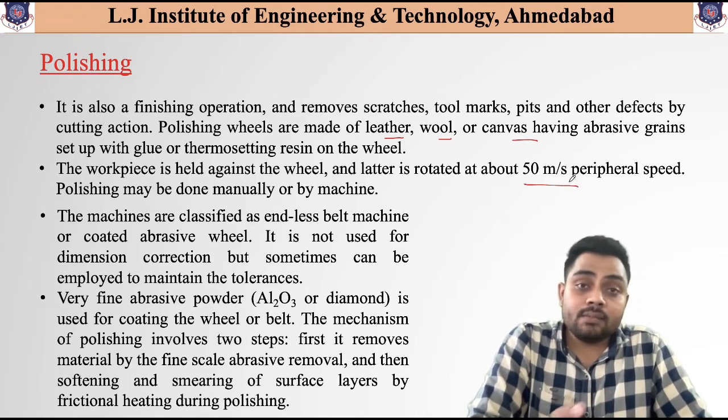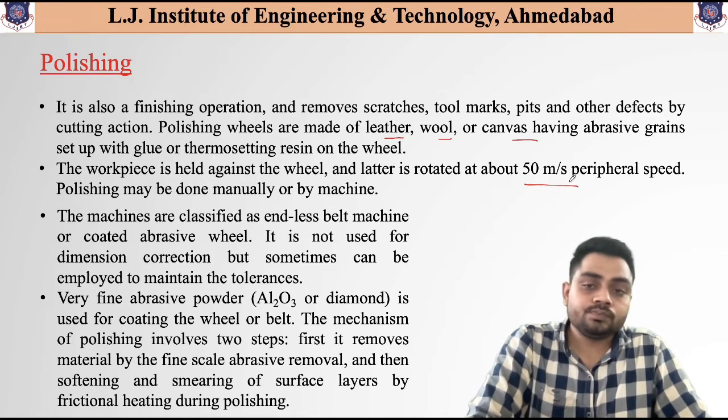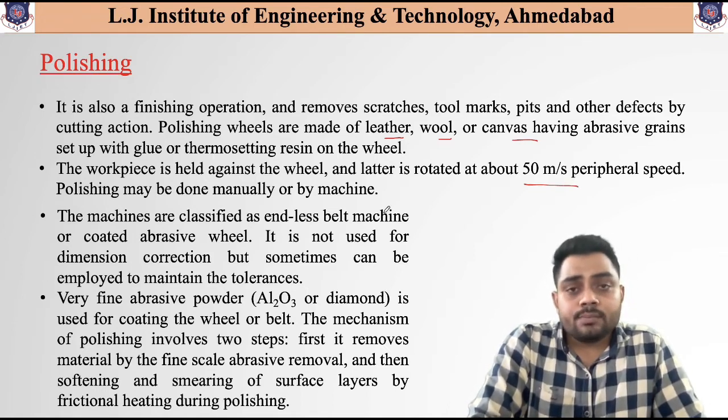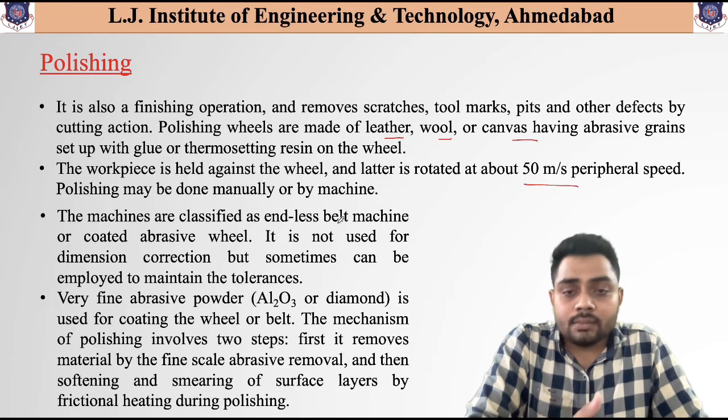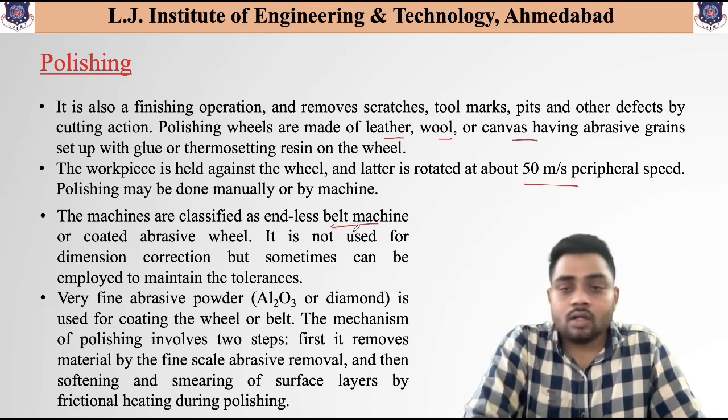Now this polishing can be done manually, and it can also be done by using a machine. Another important term involved is the endless belt machine, which is coated with abrasive to perform the polishing operation.